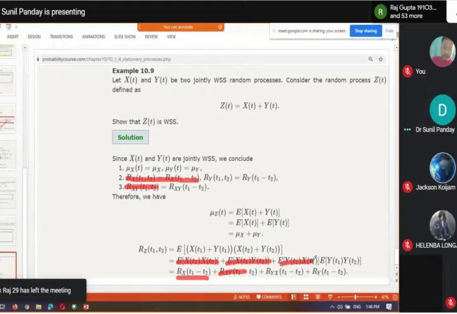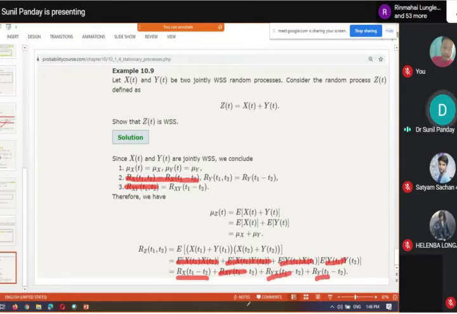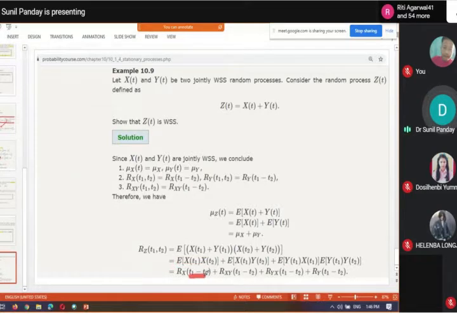Similarly for this one and this one. So here we can see that this is a function of time difference. Even here we have t1 minus t2 or t2 minus t1, which is the same thing, because we have proved that Rx is an even function of the time difference tau.